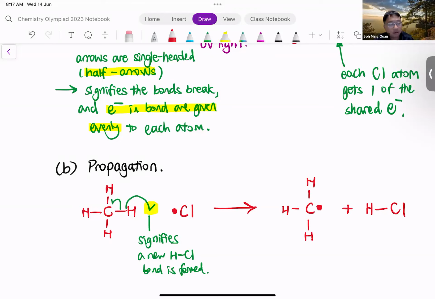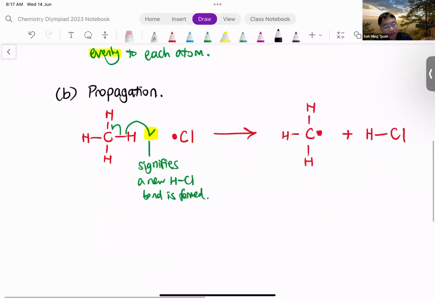Okay? So take note of how the arrows and where the arrows are placed. The arrow is deliberately placed between H and Cl. This signifies to you that a new HCl covalent bond is formed during the process. Now, obviously, the CH3 with a dot, this is called methyl radical.